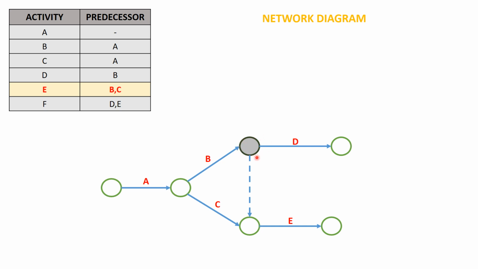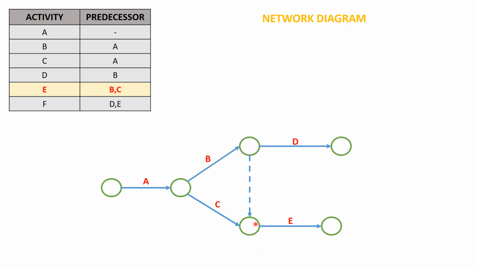Be careful, I'll just repeat it again. At this highlighted node, we only have one incoming activity, which is activity B. So what does this indicate? The dependency at this node is only activity B, which is the only activity coming onto this node.